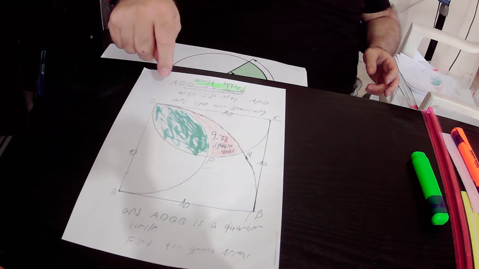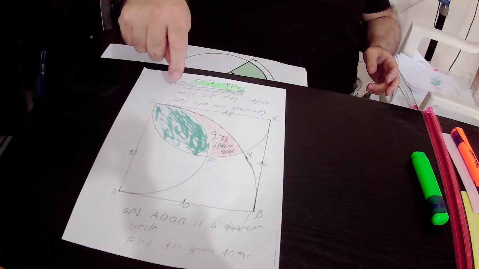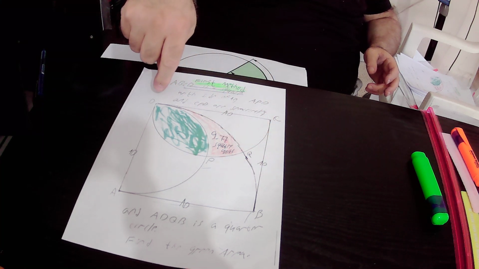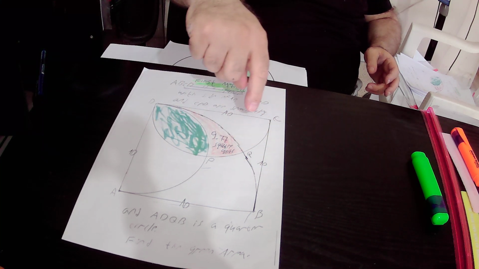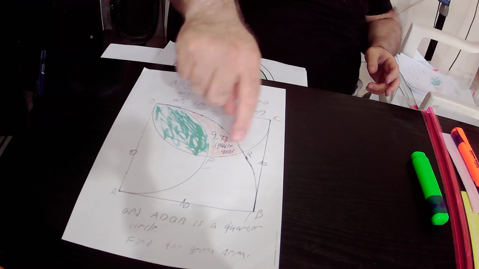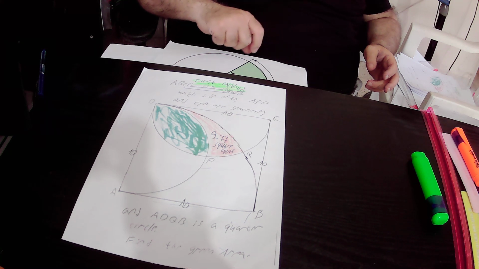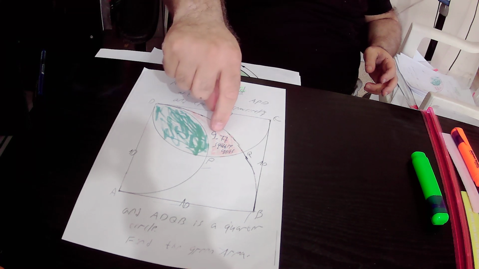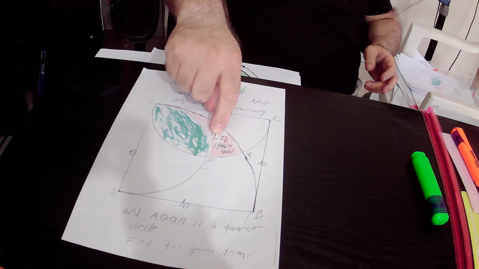In addition, in this drawing we have the quarter circle that intersects with this semicircle, and in this way they create the big lens. And our mission is to find out the area of this orange shape.